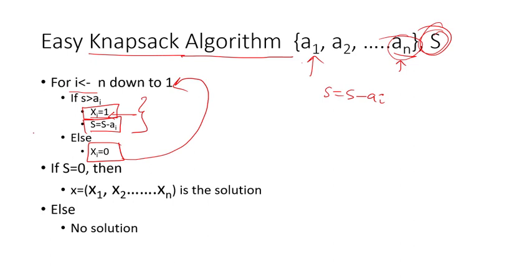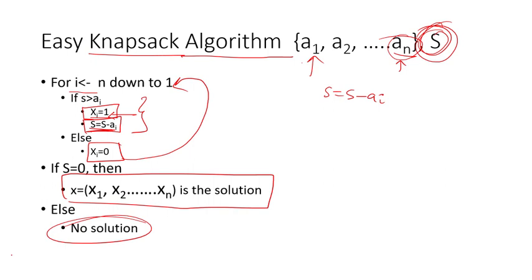Once you have computed these values for a1, a2 to an, with the assignment of xi's, if s becomes 0 at the end, then you will create that particular vector as x equals x1, x2 till xn. Otherwise, there would be no solution in that particular case. This is an easy knapsack algorithm.